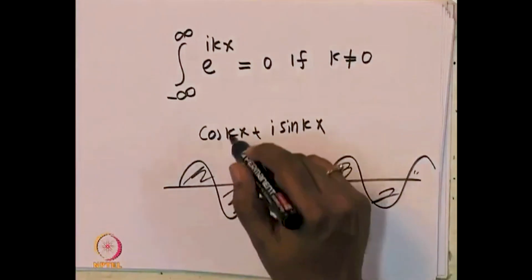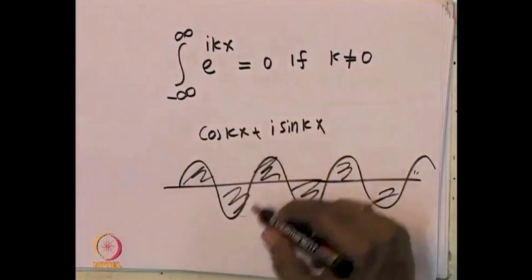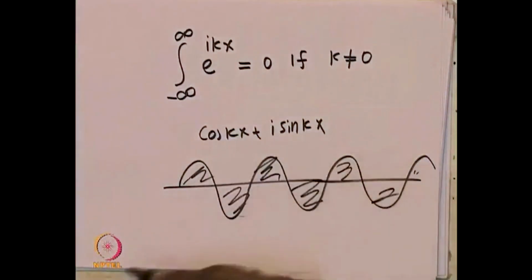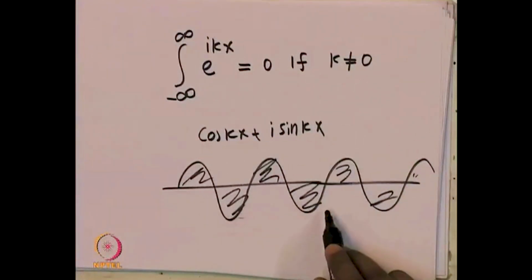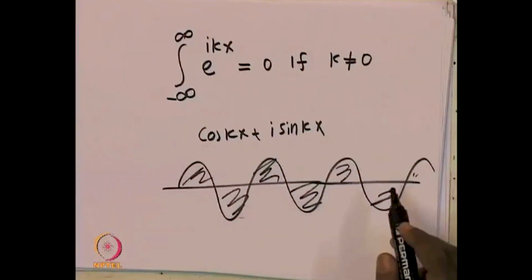So, whenever there is a non-zero k, it is like a periodic wave, and the integral from minus infinity to infinity will be 0.